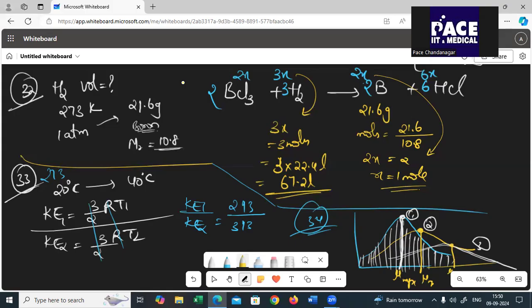Remember that the fraction of particles is getting decreased definitely, but the most probable speed is definitely increasing there. Next, it says fraction of molecules with the most probable speed increases. No, it is wrong. Option C is wrong, definitely. It decreases. Fraction of particles is decreasing.